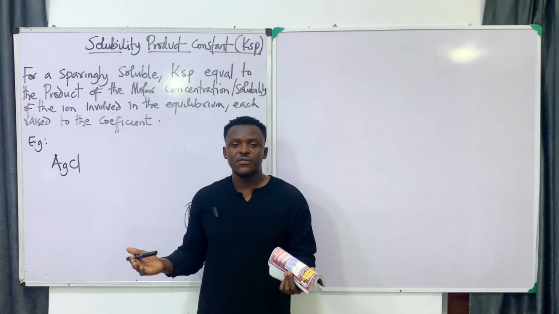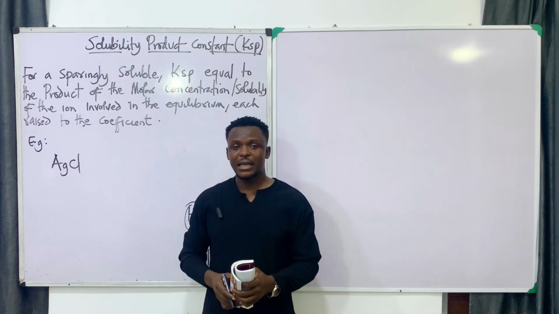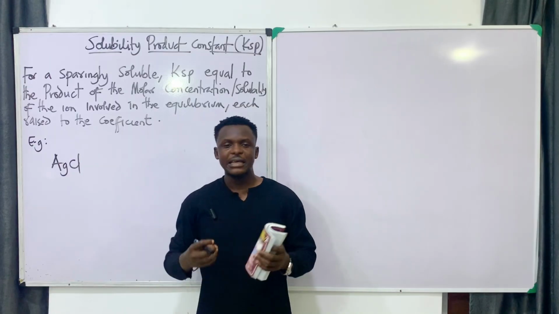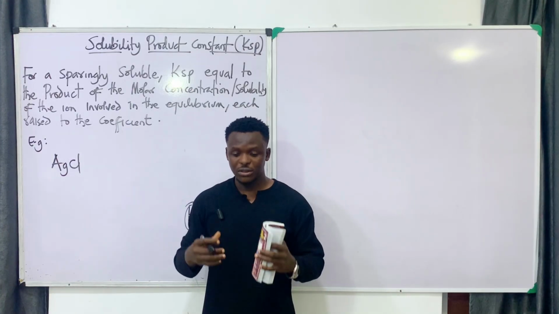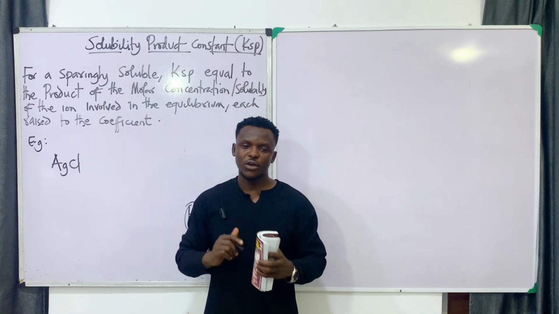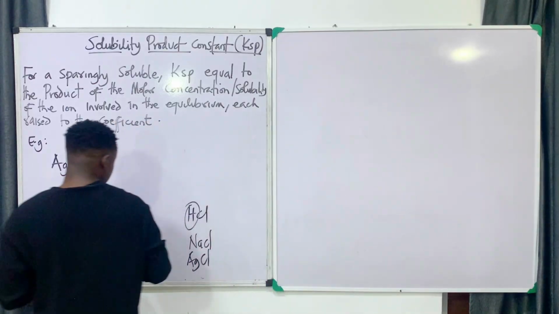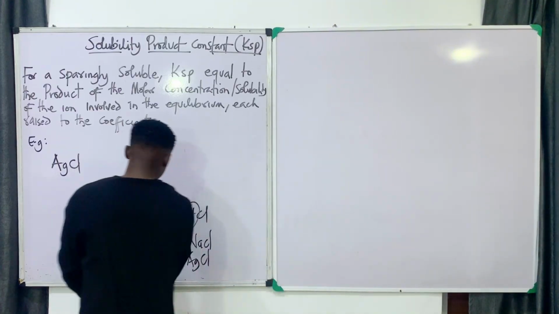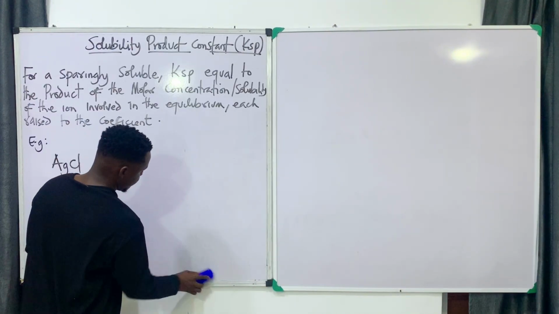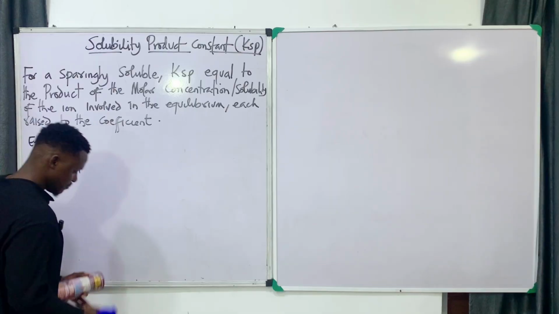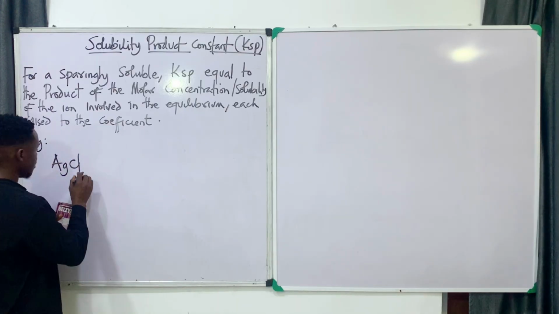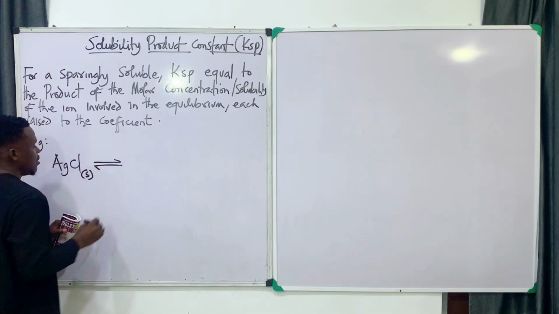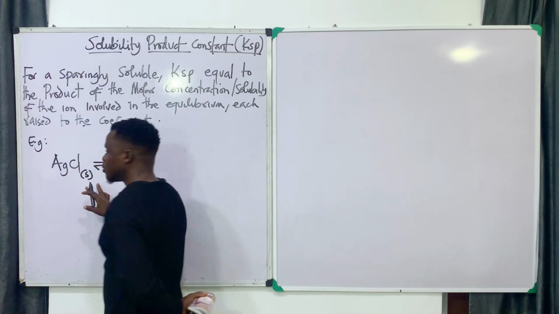Most of the time, they could give you a compound and you're asked to write the Ksp. So once they give you that compound, just assume that it is sparingly soluble. In other words, if you dissolve it in water, it's not going to dissolve very well. So AgCl is a solid. Now, I want to dissociate this.